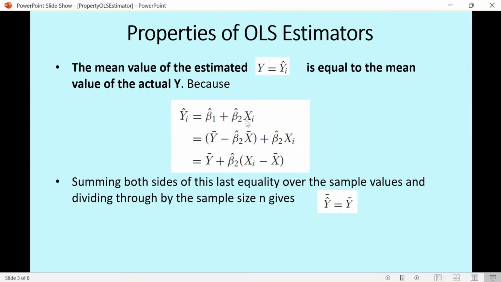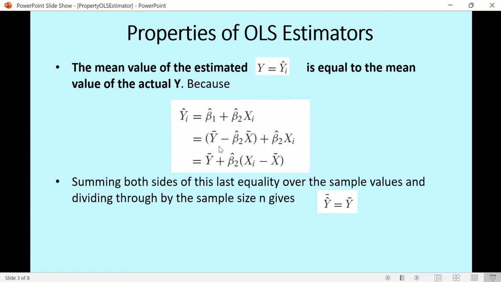The estimated y value can be written as this expression, and because beta 1 hat equals the y mean value minus beta 2 hat times x bar, this expression comes from the estimation process. So we have these two relationships.